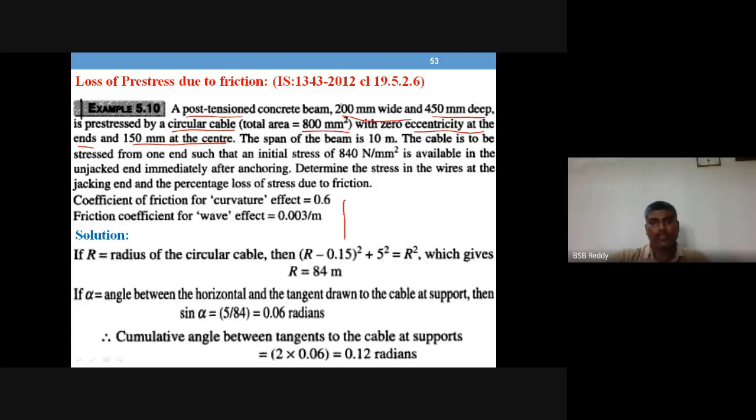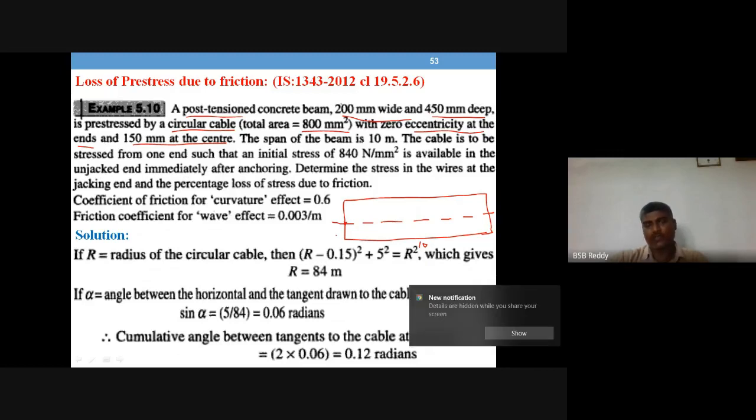If you draw it just to some scale, the span is 10 meters. The span of the beam is 10 meters. And if you take this as the centroid of concrete, zero eccentricity for the cable at this support, and 150 at the center, the total is 450. Depth of the beam is 450.